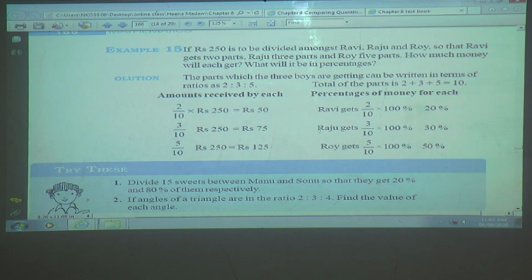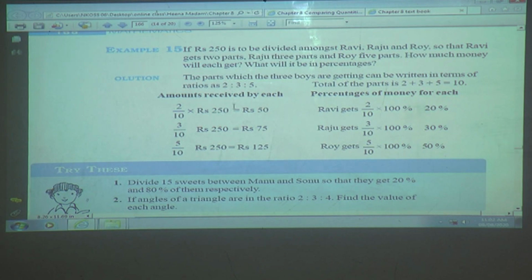What about Raju? Raju has 3 upon 10 parts multiplied by 100%. After cancelling the zeros we get 30% for Raju and Roy will get 50%. When you add all the percentages, it should be 100 because it's out of 100%. So in this way we had 2 questions in this word problem.